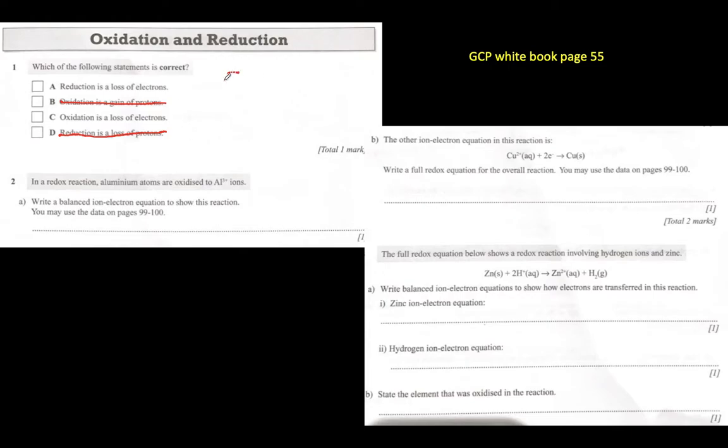If you're not sure, we remember OIL RIG: oxidation is loss of electrons, and reduction is gain. So that leaves us with C, oxidation is a loss of electrons.